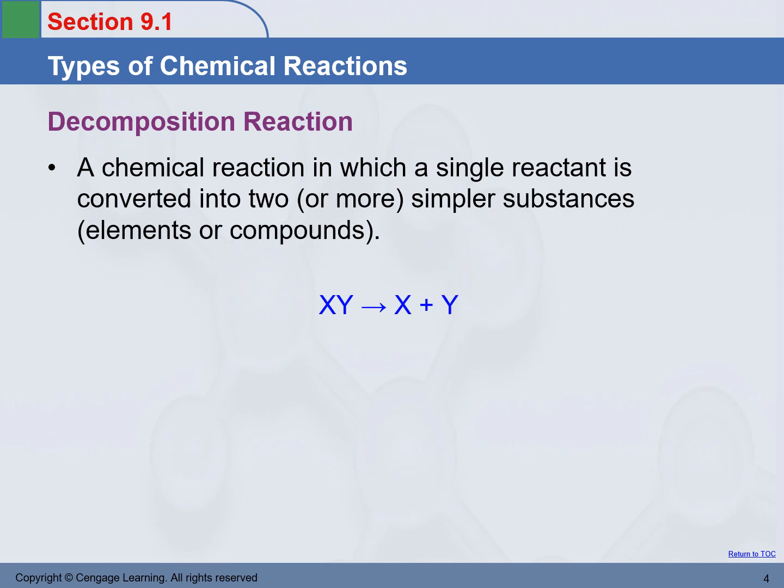Here is a generic representation of a decomposition reaction, and an example. Water can decompose to produce hydrogen and oxygen. If any of you remember the reaction example we used on the last slide, that was the opposite of this one.